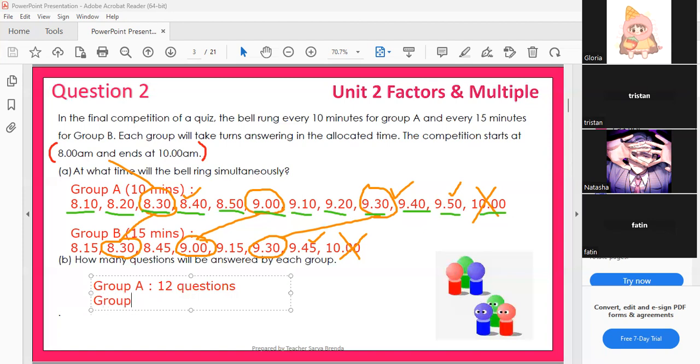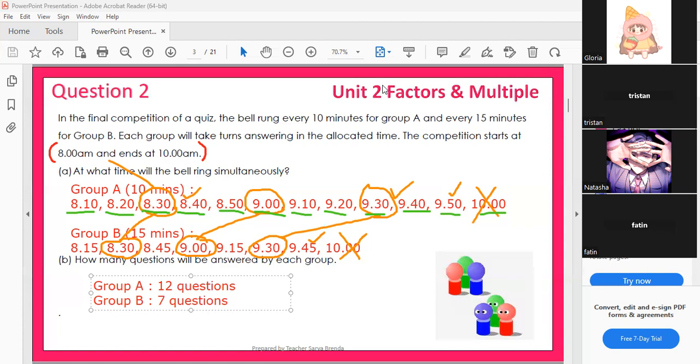Group B, you tell me the answer. Now you should know already. 1, 2, 3, 4, 5, 6, 7. 7 questions. Got it? Okay? Do you understand now? Can I have a thumbs up if you do? So you can go on already. All right? Okay. Thank you. Let's move on.